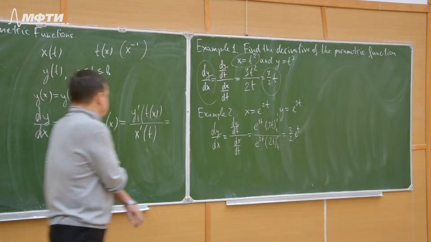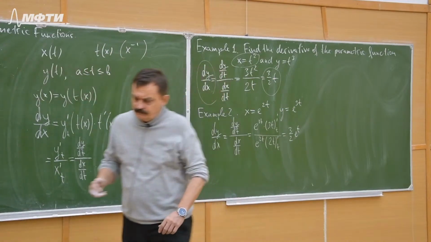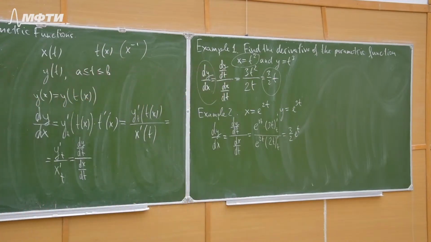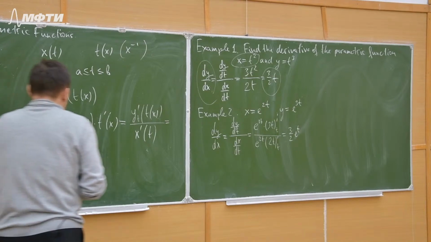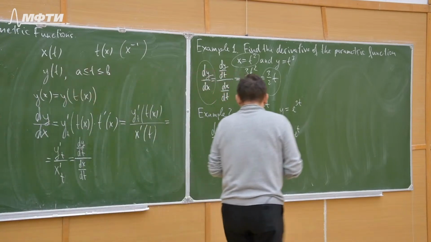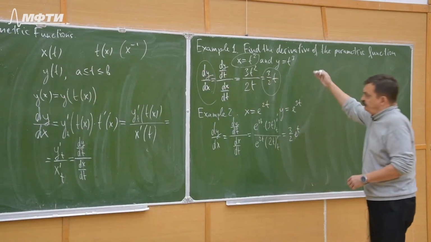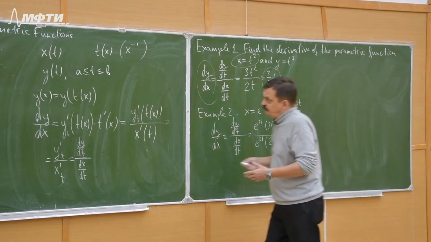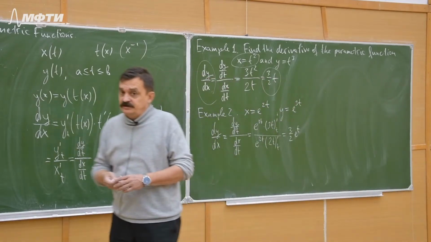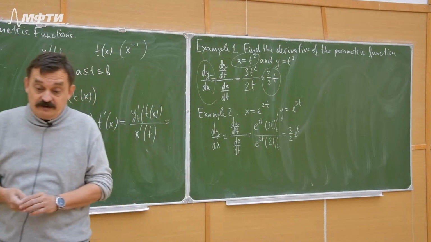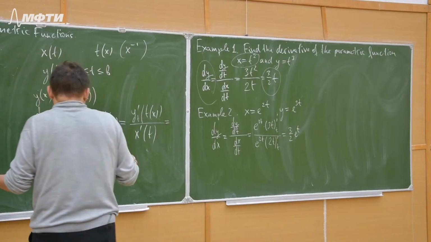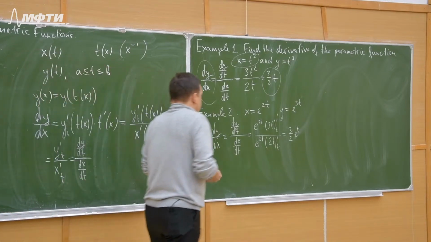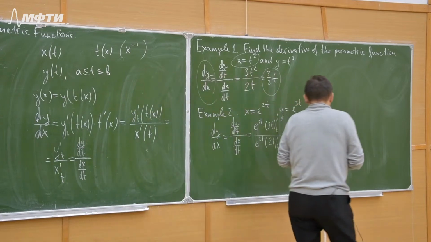So we continue. And now, as we observed, the derivative of a parametric function is again a parametric function, and we consider the second order derivative.